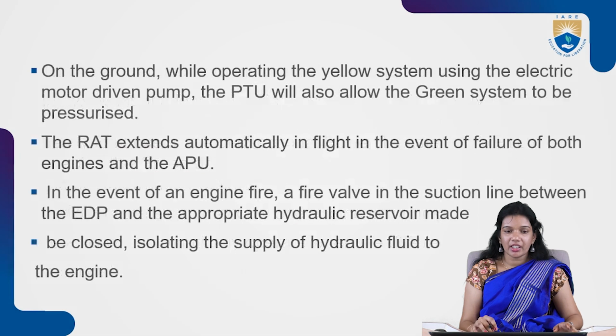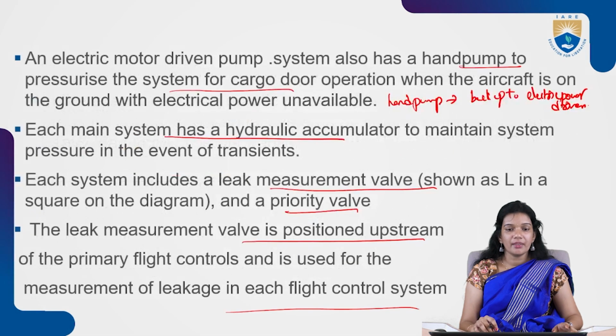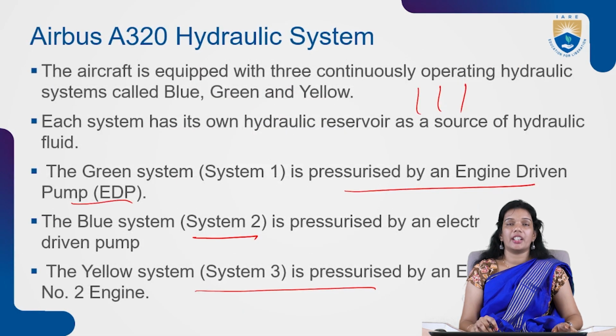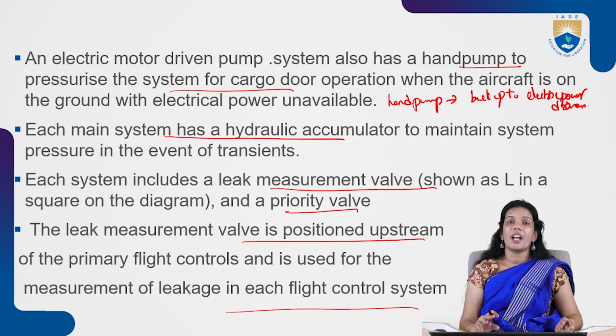So what exactly we are trying to say here is, Airbus A320 has three separate hydraulic systems in it. All the hydraulic systems have their own power sources and their own reservoirs, and there are hand pumps which back up the electrically driven pumps, and there are different valves, right?